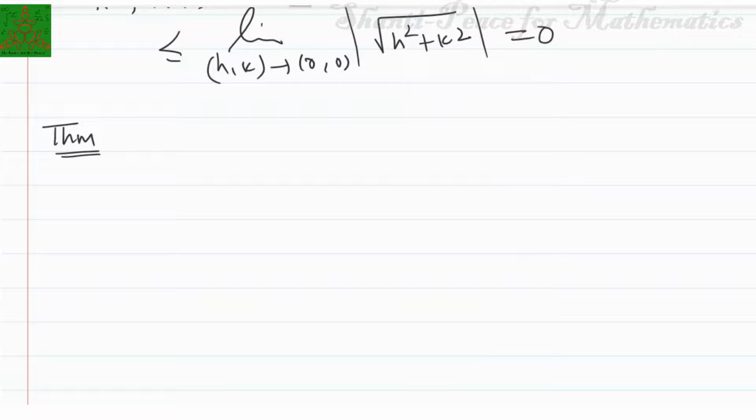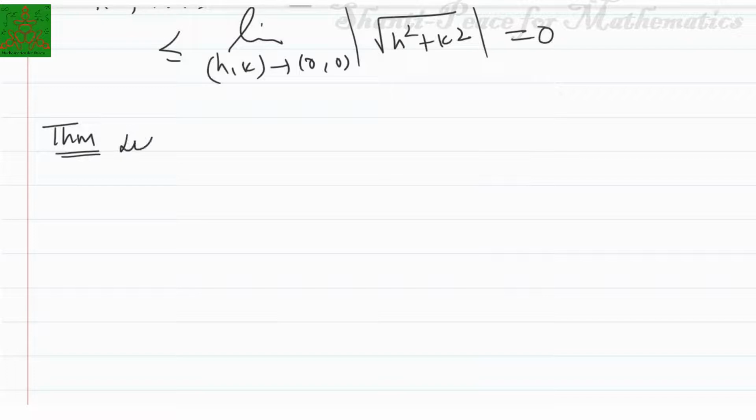In the previous video we saw that if f is continuous, it does not guarantee the partial derivatives exist, and if the partial derivatives exist, it does not guarantee that the function is continuous. That problem we are solving here. That means the existence of partial derivatives depends on the differentiability. So with regard to that, let's have this theorem.